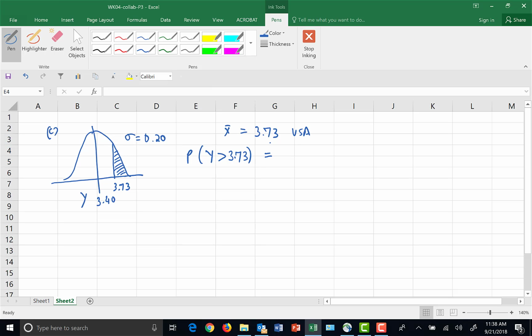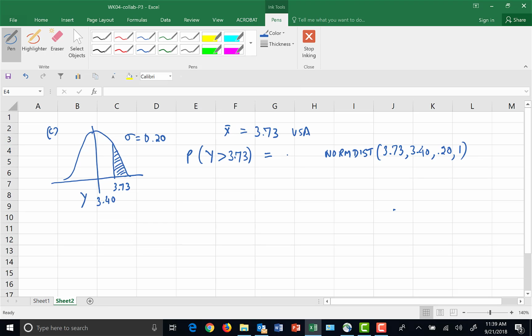So I want the area to the right of $3.73. Excel does not give that to me directly, so I will compute the area to the left of 3.73 and then do a 1 minus. So the area to the left of 3.73 is norm dist of $3.73. The mean is $3.40. The standard deviation is 20 cents.